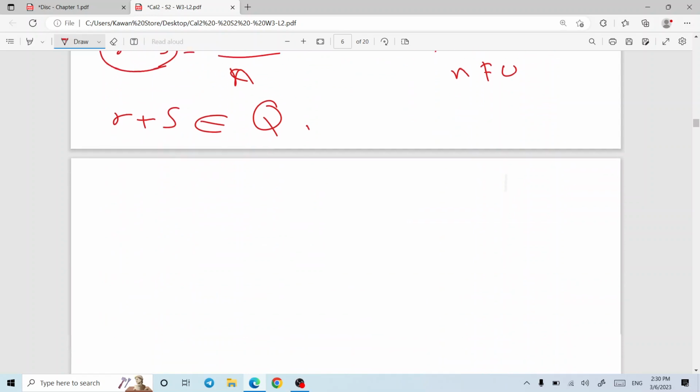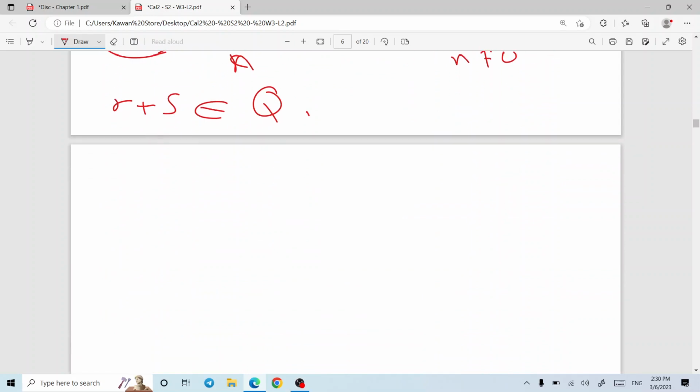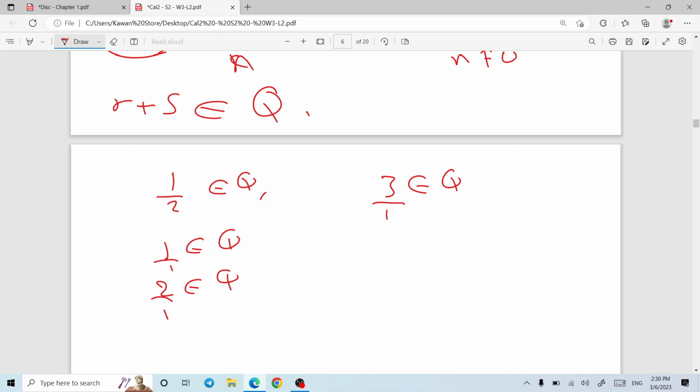No, not about R and S. Let me answer you. When you say 1 over 2 belongs to Q, of course 1 also belongs to Q, 2 also belongs to Q, 5 also belongs to Q. You know why? Because here is the denominator. Every natural number is an integer number.